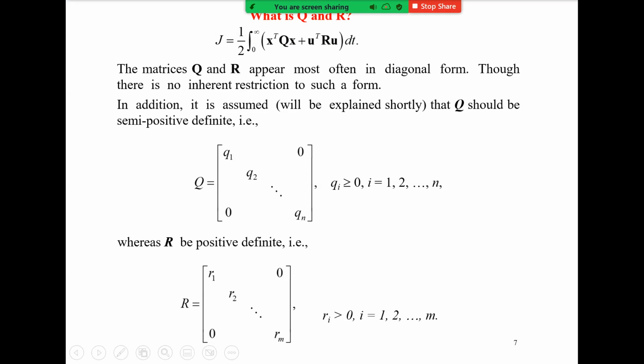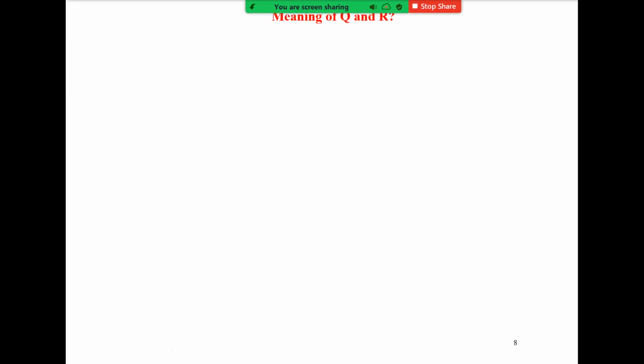Now, with this in mind, if Q and R are diagonal matrices, then we write out the expression of this quadratic form. X transpose times QX is just a combination of those x squares, and the Q's are just the weights.